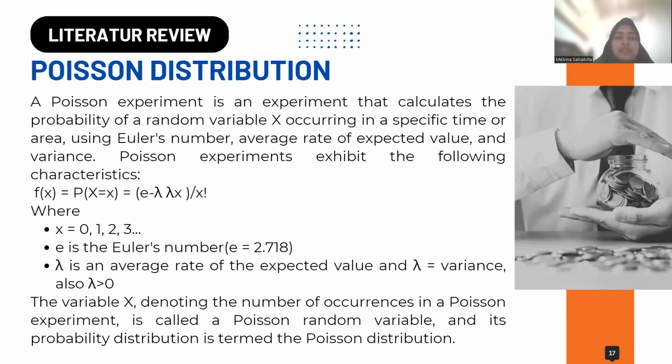The variable x denoting the number of occurrences in a Poisson experiment is called a Poisson random variable, and its probability distribution is termed the Poisson distribution. Next.